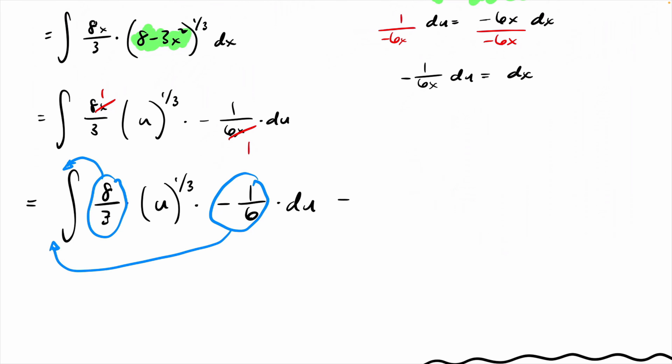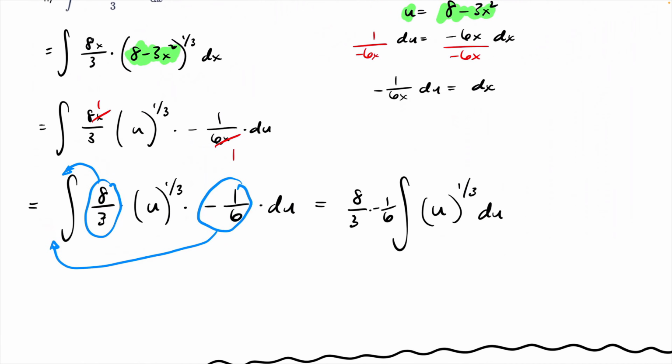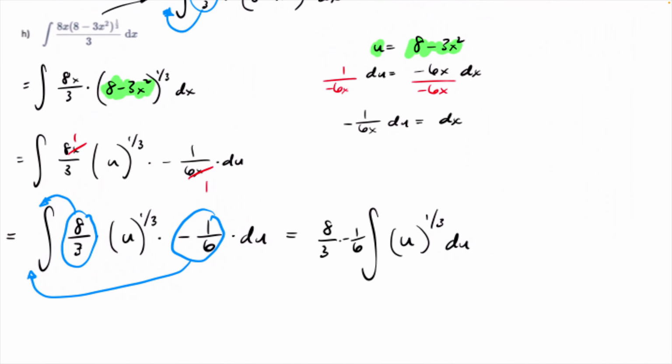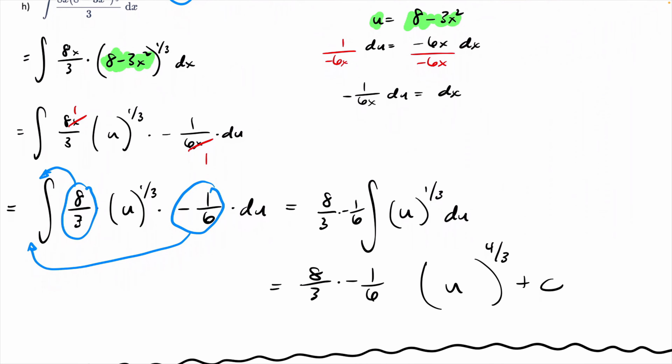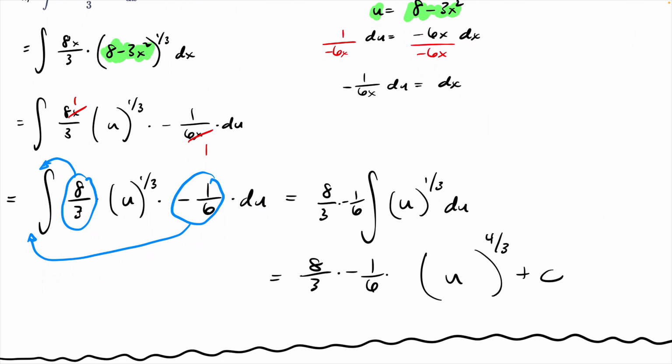So you'll have 8 over 3 times negative 1/6. And then you'll have u to the 1/3 du. Okay. And then you're going to have u to the 4/3 plus c. Instead of dividing by 4/3, I'm going to multiply by 3 over 4.